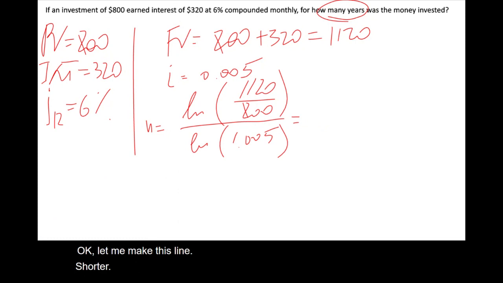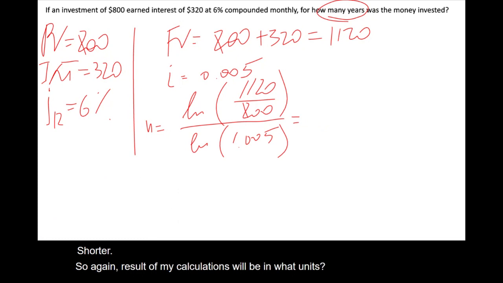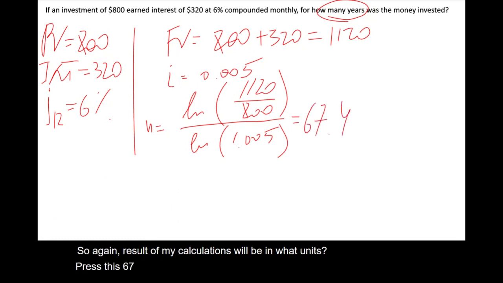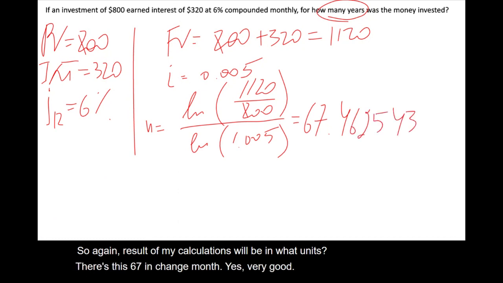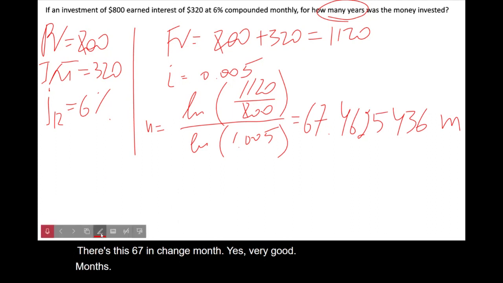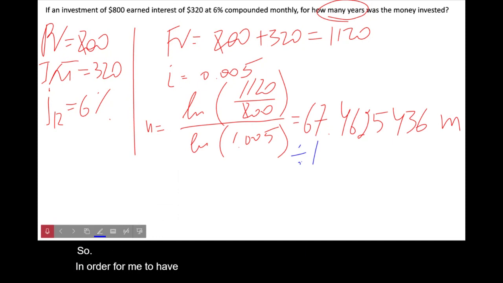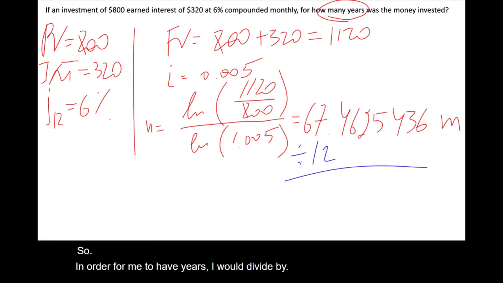Again, the result of my calculations will be in what units? This 67 and change is in months, yes, very good. In order to have years, I divide by 12.